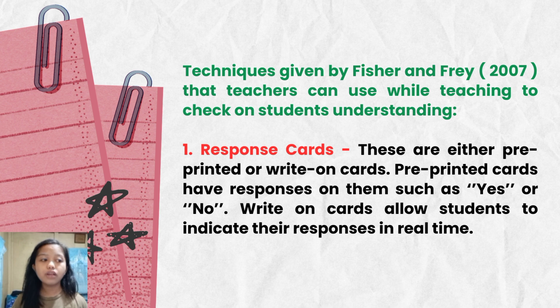So response cards are pre-printed or write-on cards that have responses on them such as yes or no. It is a write-on card that allows students to indicate their responses in real time. So do you have any idea what a response card looks like?